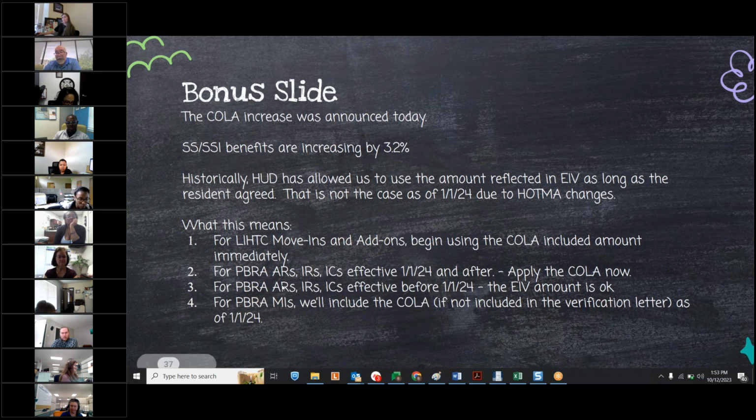If it's a PBRA AR, IR, or IC effective before 1/1/24, whatever shows up on EIV is totally okay. And lastly, for PBRA move-ins, we'll include the COLA if it's not on the verification letter, which probably should be at that point, as of 1/1/24 move-ins. I'll get an email out to everybody on this, but wanted to give y'all a heads up and a chance to ask questions since we're on the topic anyway.